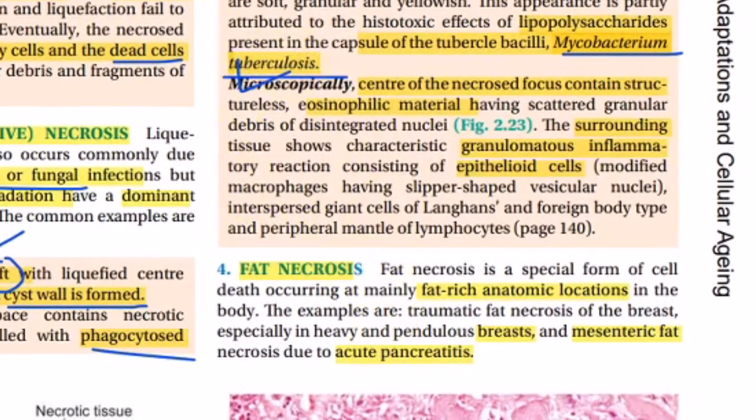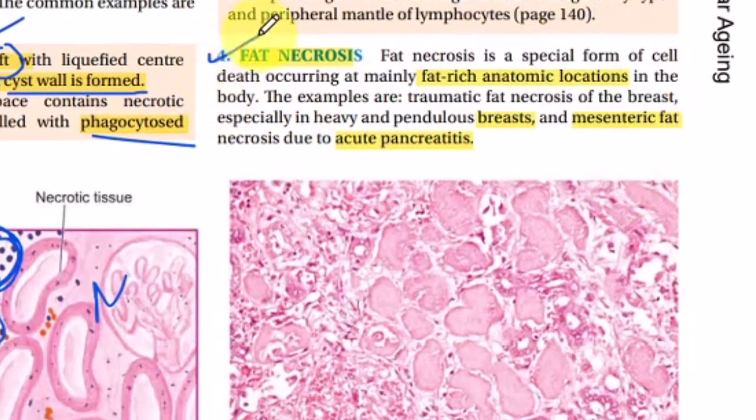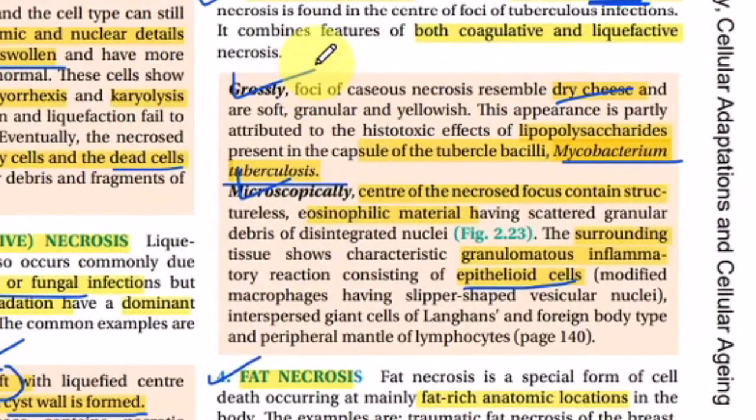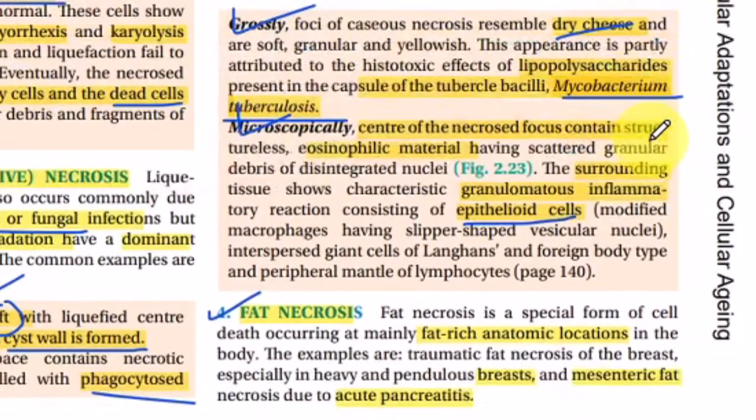So microscopically you can easily remember that it has the presence of epithelioid cells, which are basically modified macrophages. Now the fourth, I just forgot to tell, in caseous necrosis there is a combination of coagulative as well as liquefactive changes.